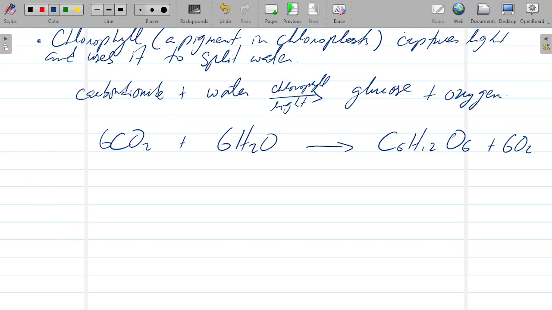So as you can see, what happens in photosynthesis overall, without going into detail, but they've only mentioned in passing in your O level syllabus that not all of photosynthesis requires light. So it is only the initial stage that requires light.